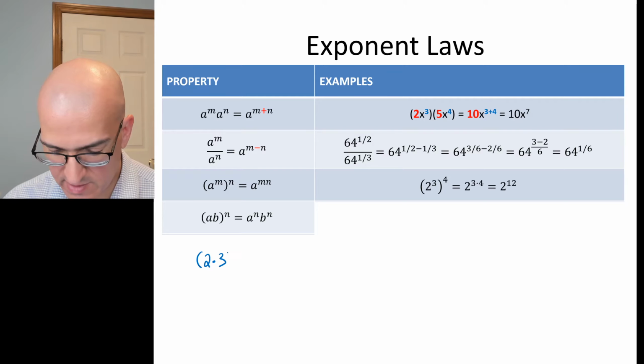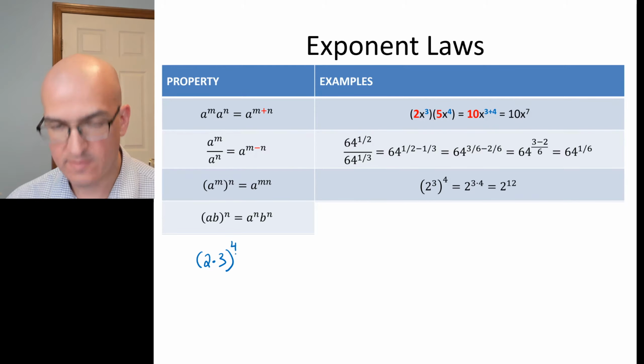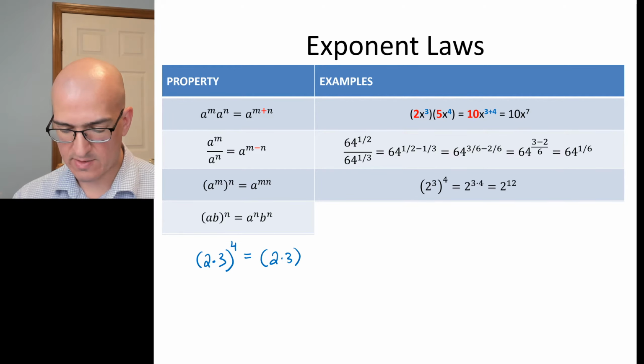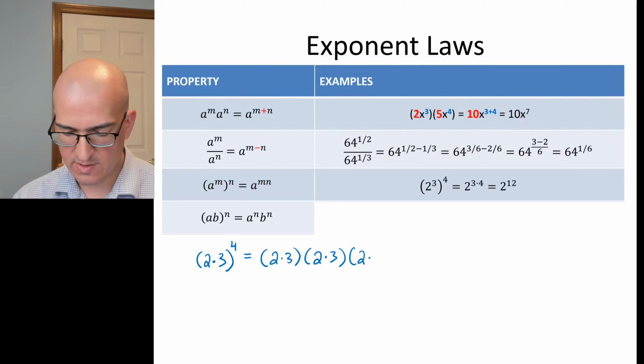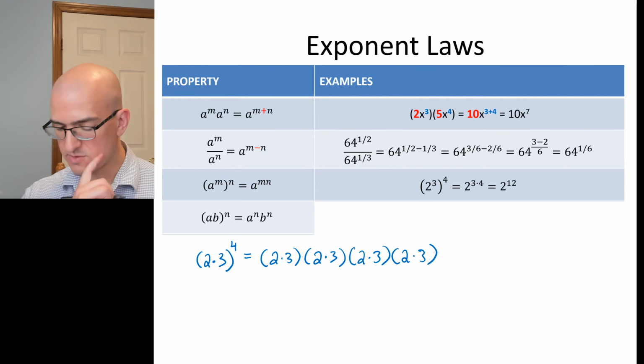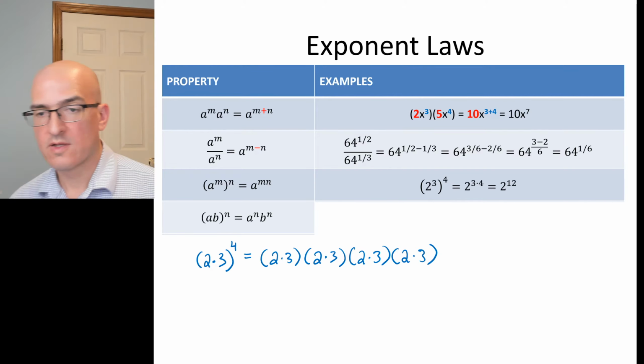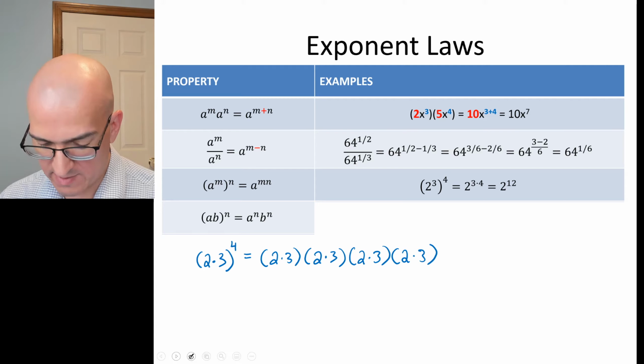2 times 3 to the power of 4 is 2 times 3. I know it's 6, but leave it alone. Trust me. Okay, so that's 2 times 3 multiplied by itself 4 times.